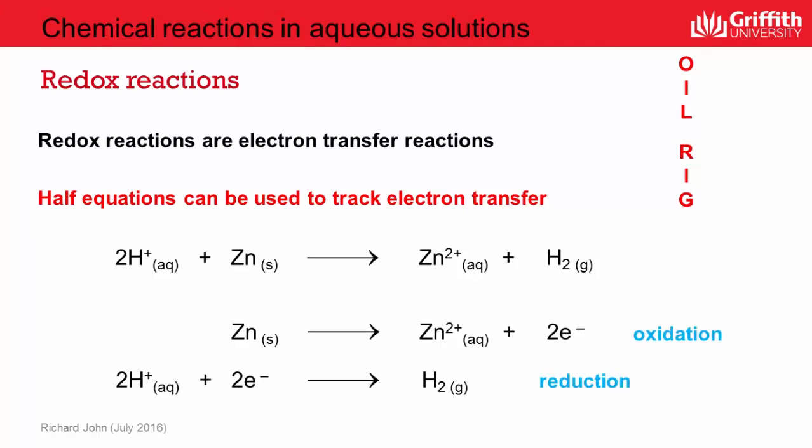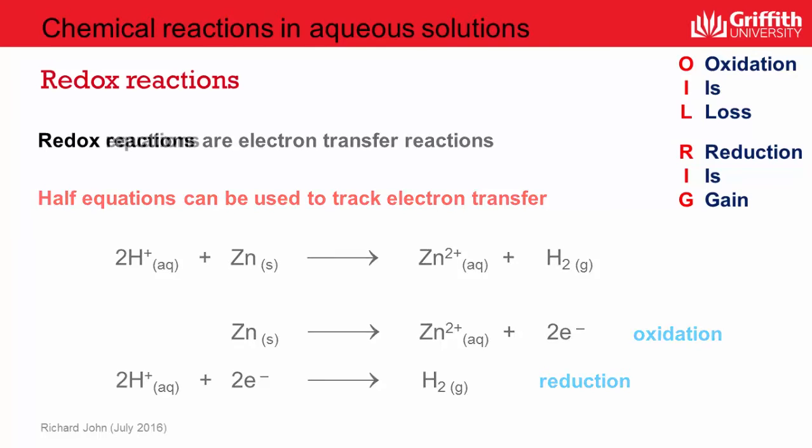If you are confused about oxidation and reduction and what gets lost and what gets gained, this little mnemonic up in the top right-hand corner will help. OIL RIG: Oxidation Is Loss, Reduction Is Gain. Oxidation involves loss of electrons, reduction involves gain of electrons. So the little mnemonic OIL RIG is always good to help avoid that confusion.